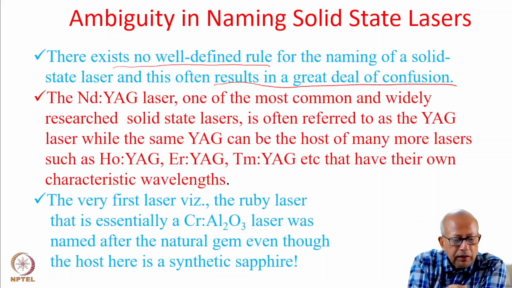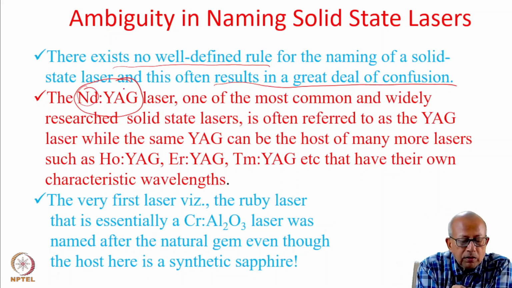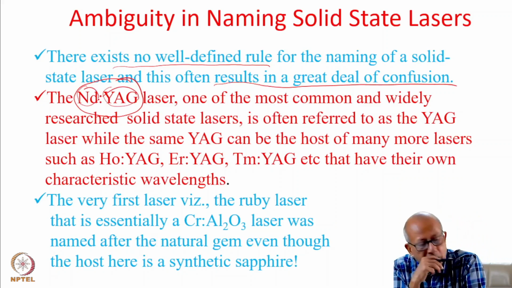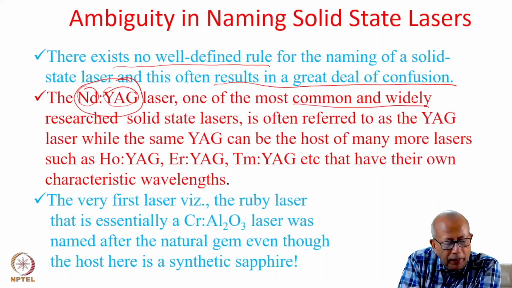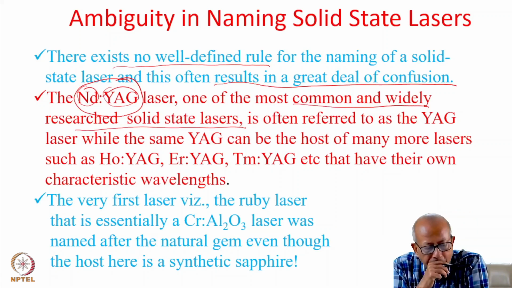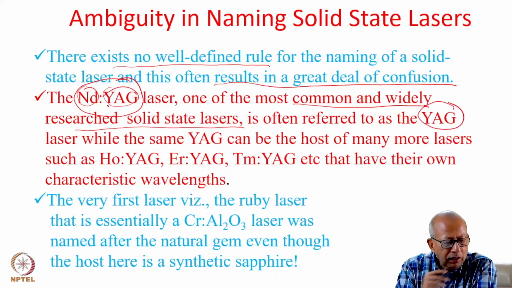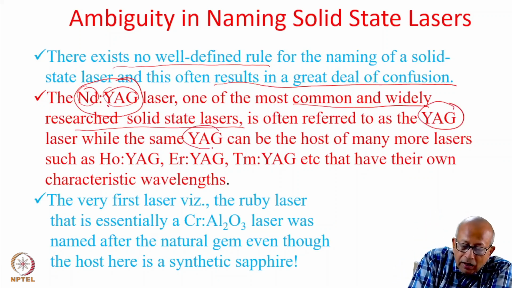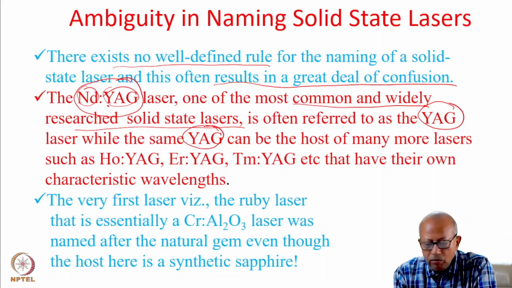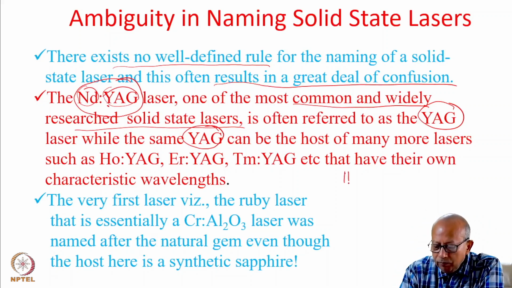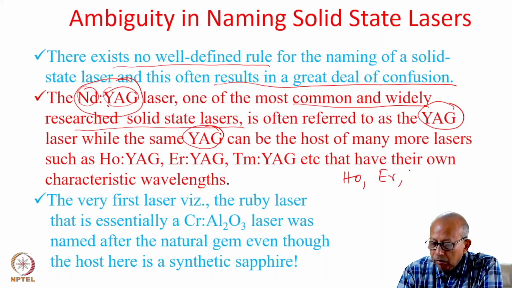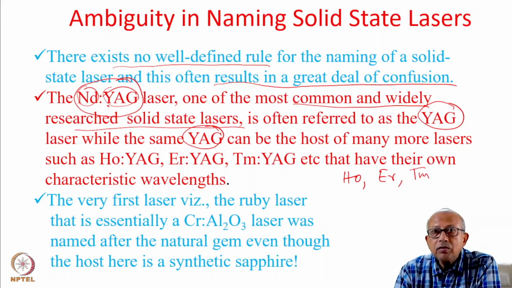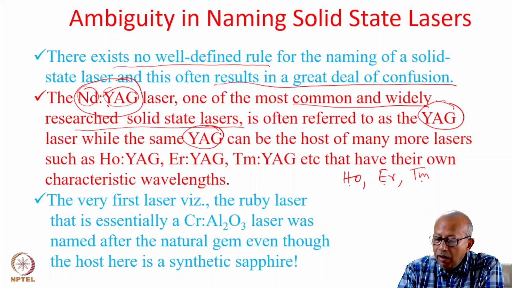For instance, the Nd:YAG, in which neodymium atom is doped into YAG crystal, and which is one of the most common and widely researched solid state lasers, is often referred to as just YAG laser, while the same YAG can be the host of many more lasers such as holmium, erbium, thulium, etc. They also can be doped in the same YAG.